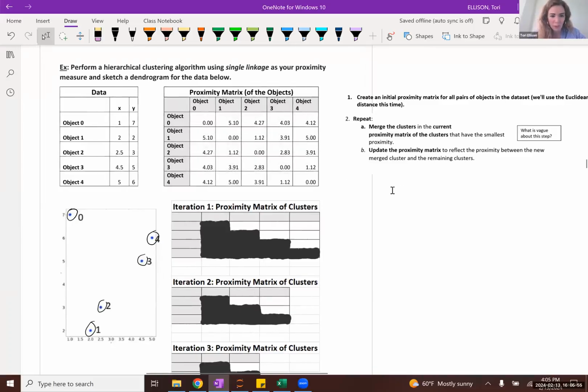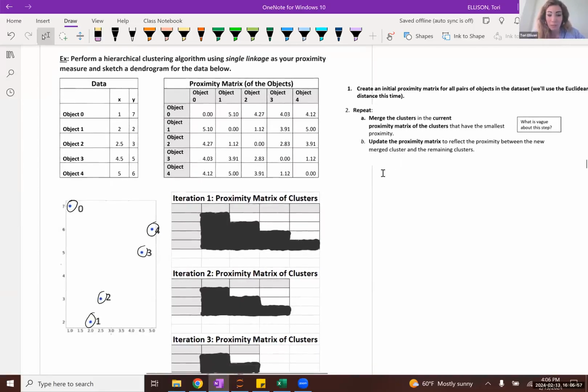So what two clusters would be merged in this first step here? So basically, what two clusters, based on what we're seeing here, are considered closest?